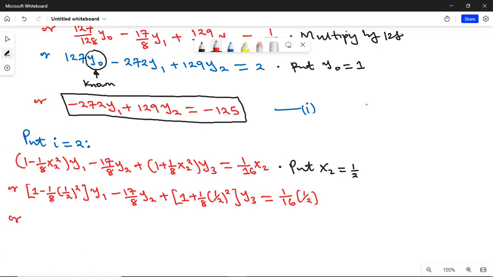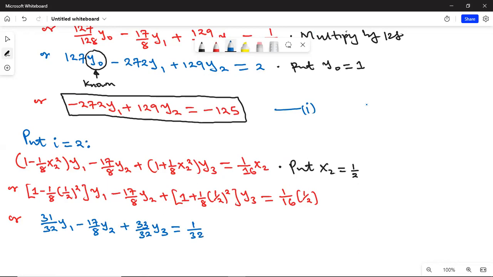If I simplify, I'm going to get, on the first term, 31 over 32 y1 minus 17 over 8 y2 plus 33 over 32 y3. On the right hand side, we need to get 1 over 32.